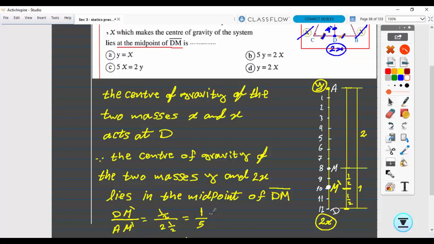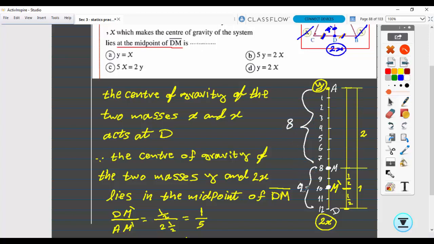Now consider the length of AD equals 12. M is the point of intersection of its medians, so the ratio between DM and MA equals 1 to 2. So here it is 4, and this distance equals 8.